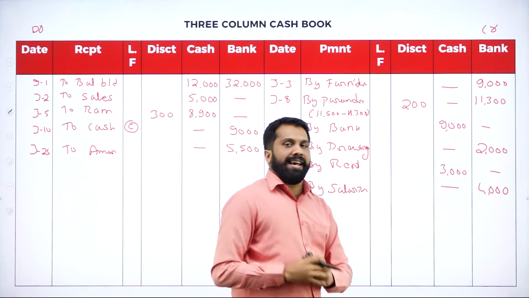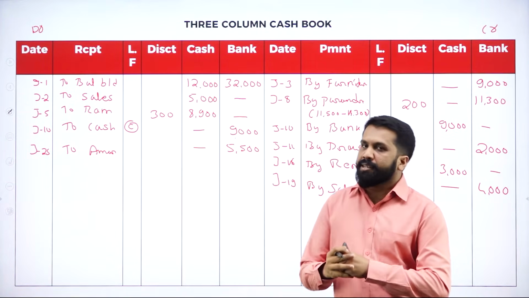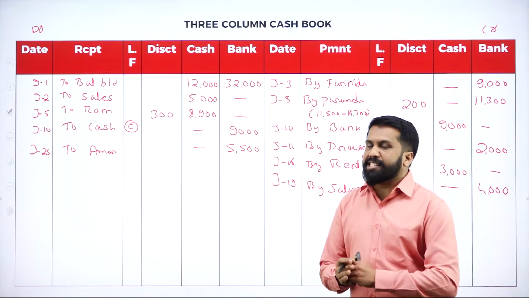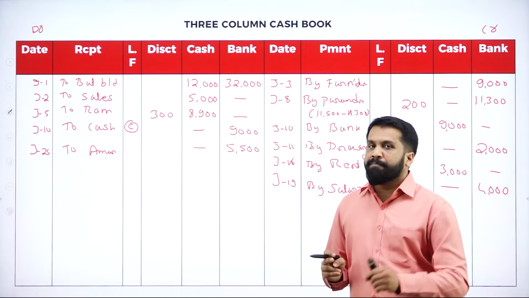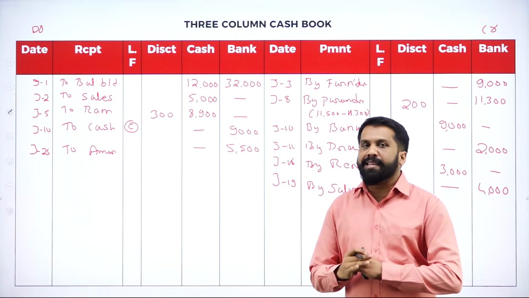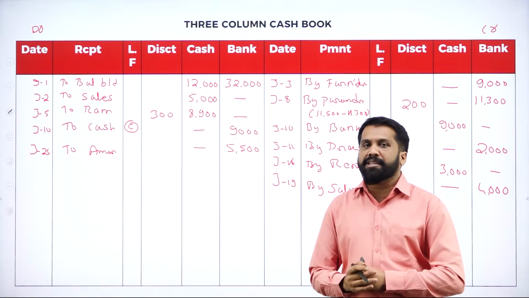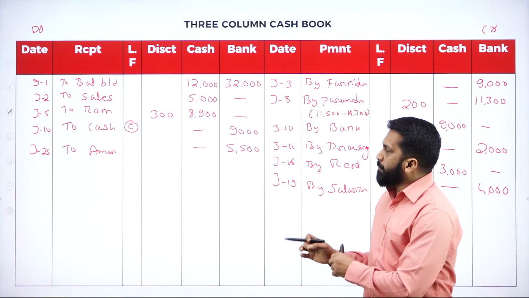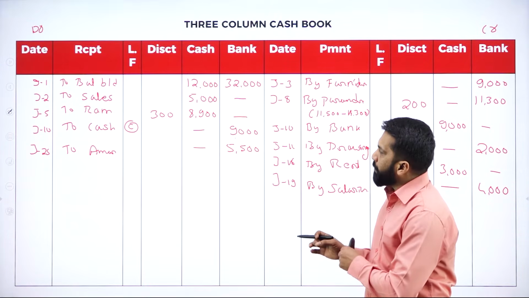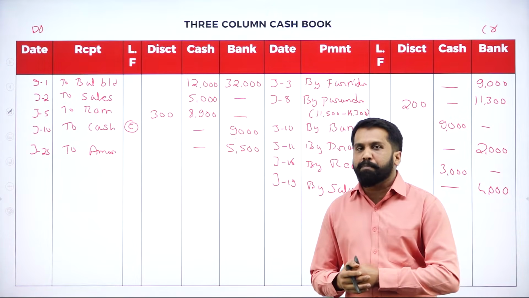Up to this, any doubt? Hope you are getting this. So, whatever we are doing as per the concept, if it is a receipt, we are writing under the receipt side. If it is a payment, we are writing under the payment side. So, nothing changes or nothing extra we are doing. Now, if they have mentioned cash, we should write it in the cash column. If they have mentioned bank, we should write it in the bank column.